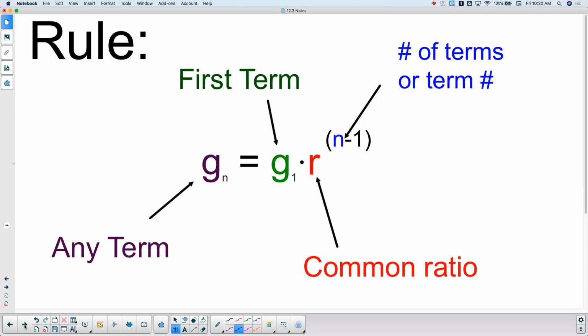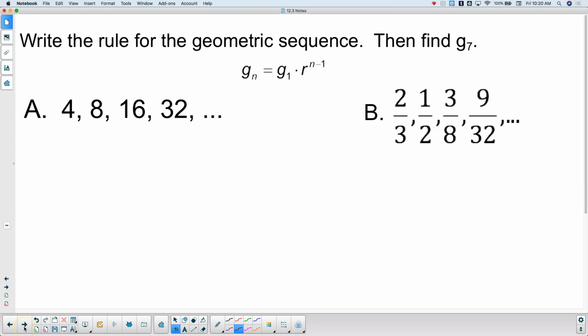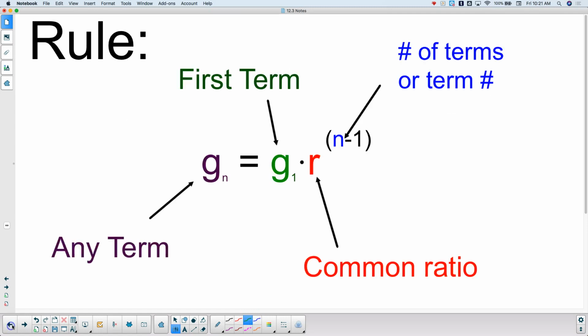So just like we had last week, Friday, when we were doing arithmetics, there's different styles of problems that we can have. The first style of problem is, here is a list of the sequence. List of numbers. Okay?